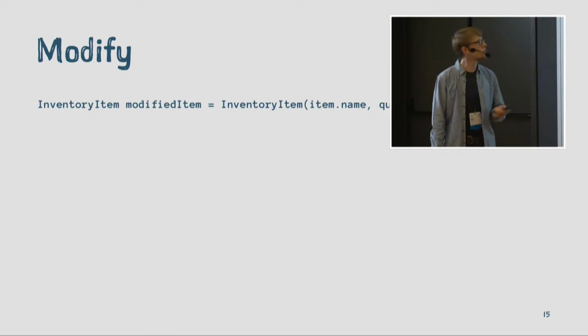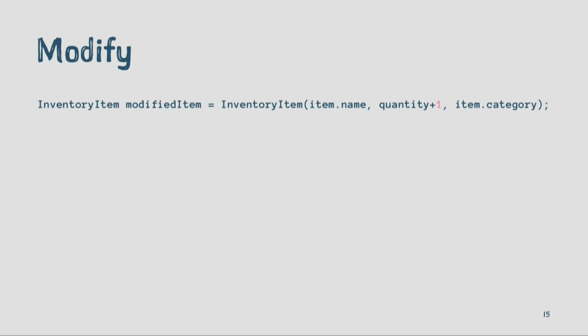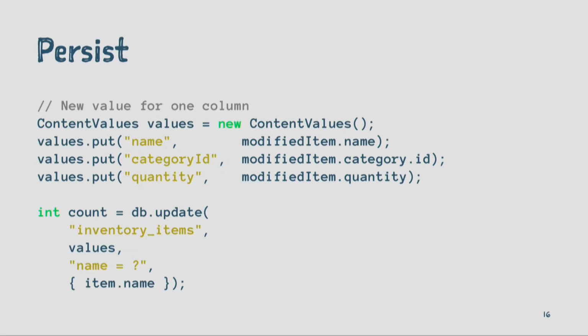Making modifications to that is possible by creating new instances with modified attributes, and finally persisting the change back into the database, we will be doing all this process vice versa, mapping our value type to the single attributes and putting them into a dictionary type of collection and executing a query which makes the change on the database.